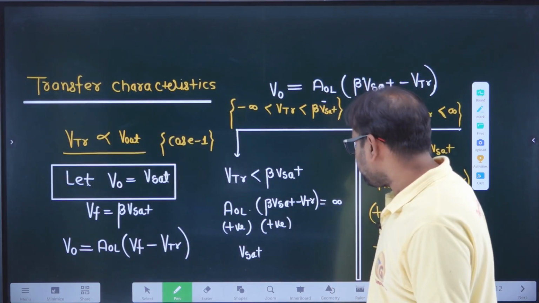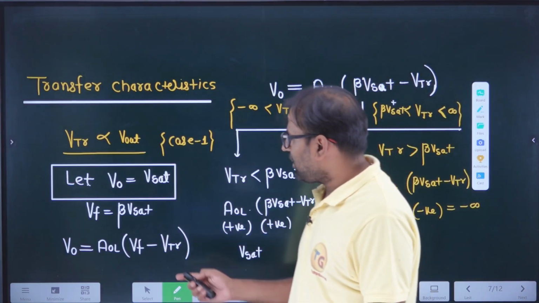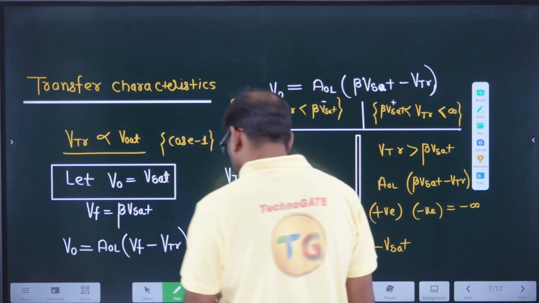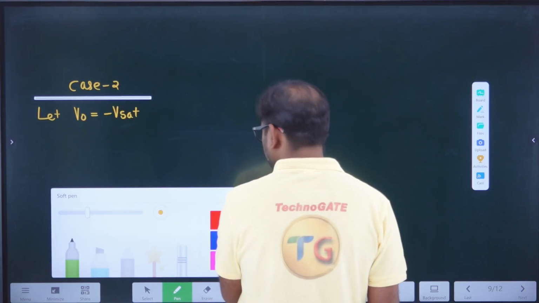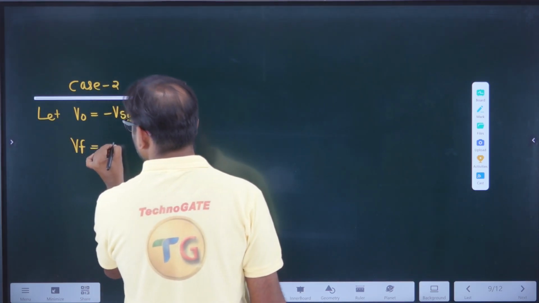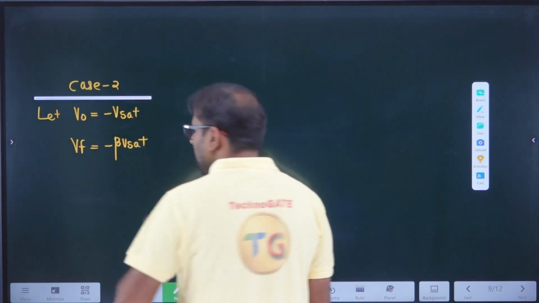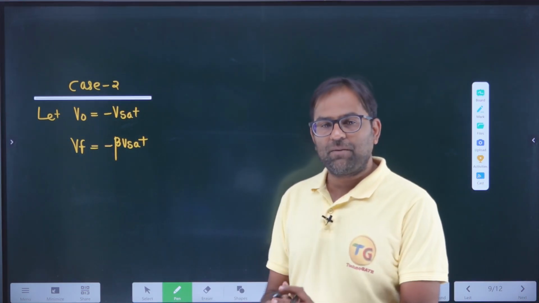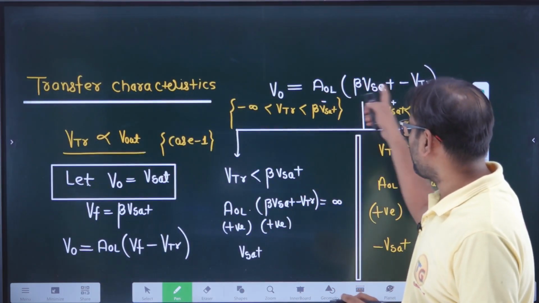So can I say, again I have to write the rule. If Vout equals minus V saturation, then the value of Vf will be minus beta into V saturation. As you know, we cannot apply the virtual ground concept. That's why we have to write the standard equation of the op-amp. What is the standard equation?